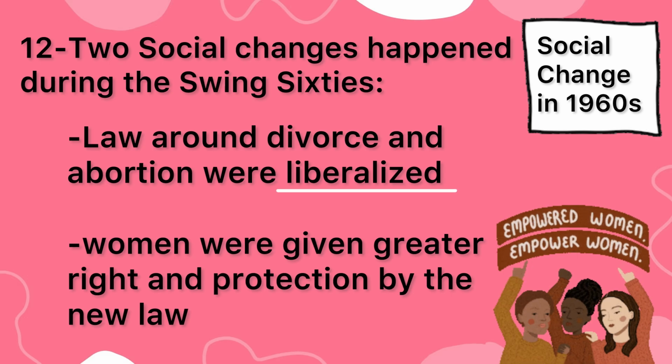Two social changes happened during the Swinging Sixties. Laws around divorce and abortion were liberalized, and women were given greater rights and protection by the new laws.